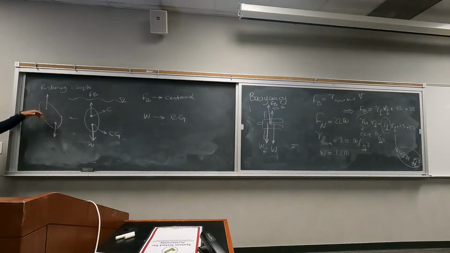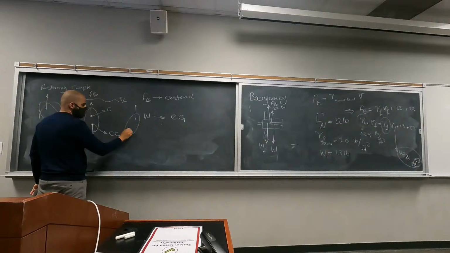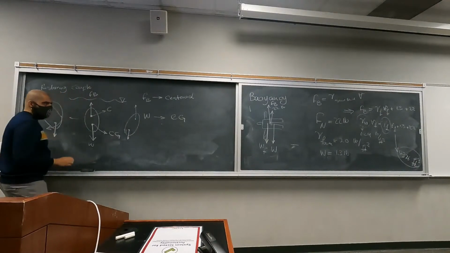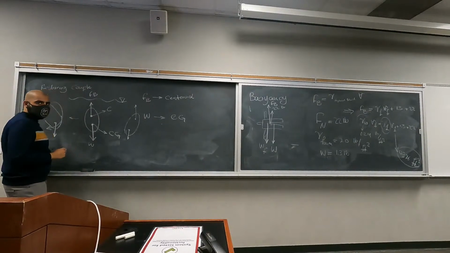Do we see that? We will have this type of couple, right? The same thing would have happened if I push the object to the right. We would have a restoring couple in this direction, right?